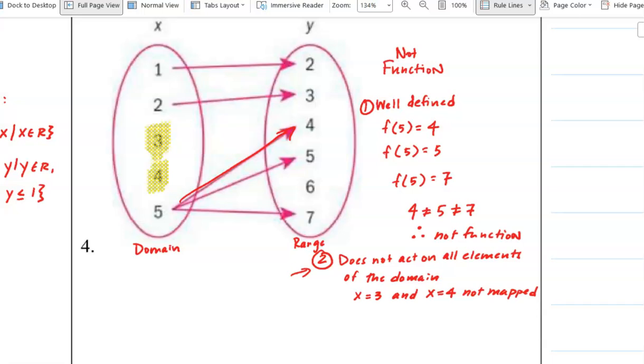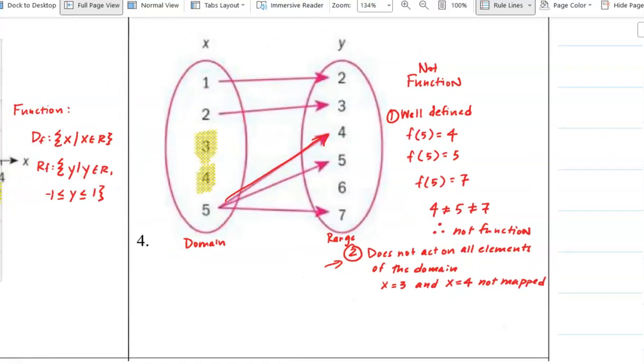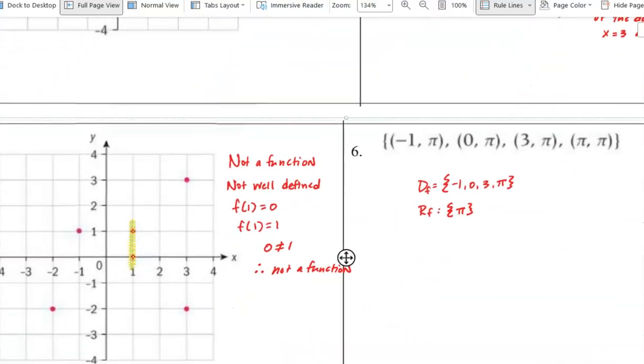You don't have to say that it does not act on all elements of the domain, but if you told me these are the inputs and then don't use the inputs, that does not give you a functional relationship. That's math is life, guys. Like, I promised you one thing but I didn't follow through. It doesn't produce any outputs. You need to somehow see about finding someone else.